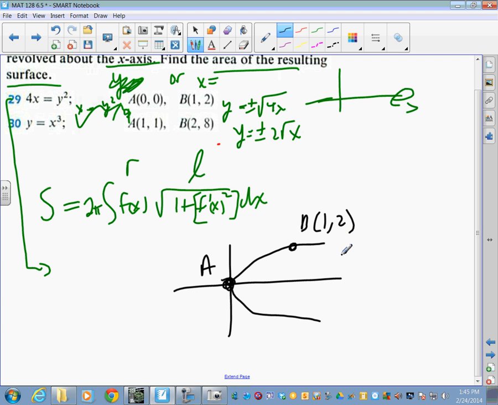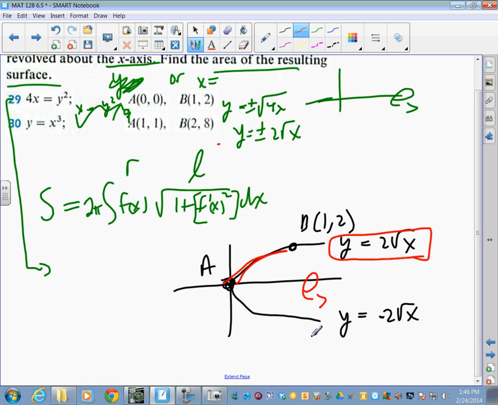The question is: is this y equals 2 square root of x, or is it y equals negative 2 square root of x? Which one's negative, the top or the bottom? Bottom. So I'm going to be using this equation, because that's the branch I'm going to use to revolve it around.